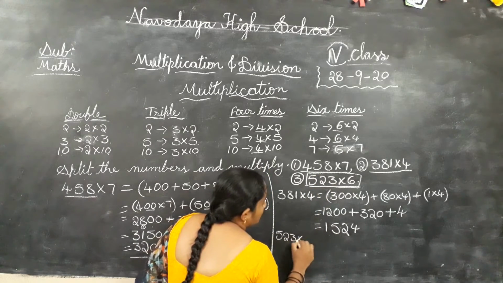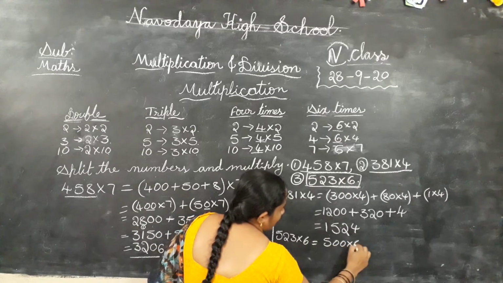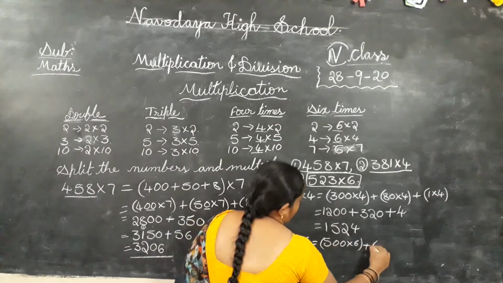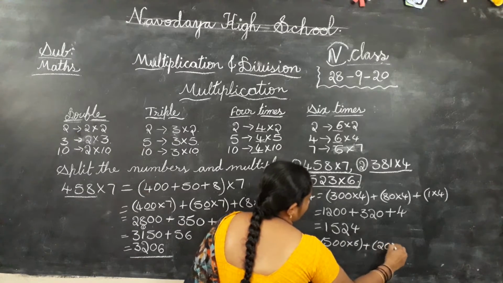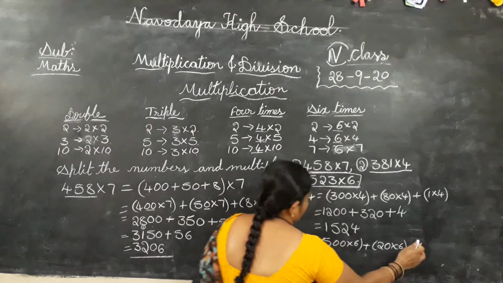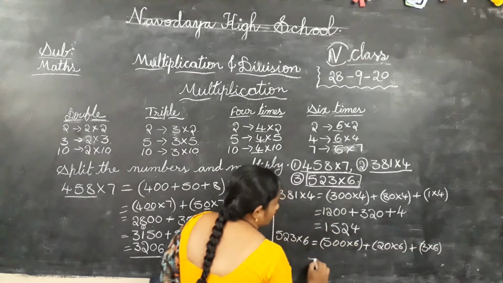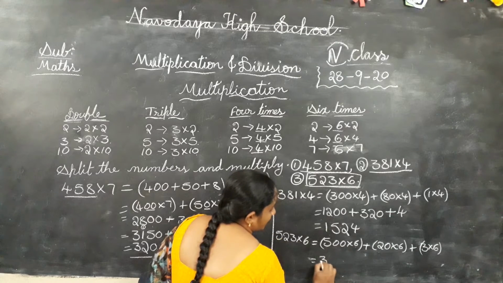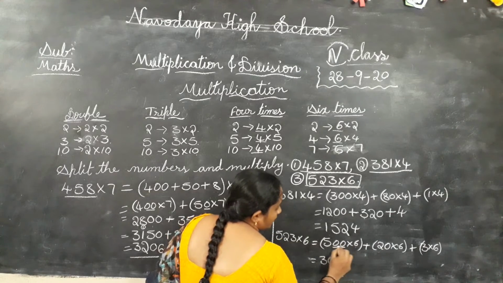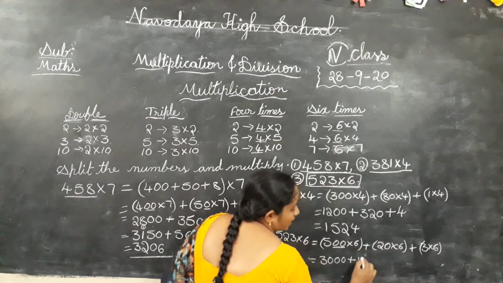Now 523 into 6. 500 into 6 plus 20 into 6 plus 3 into 6. So 6 5s are 30. 30 after how many zeros? 2 zeros. Plus 2 6s are 12.